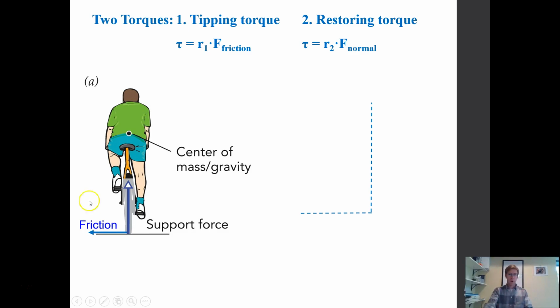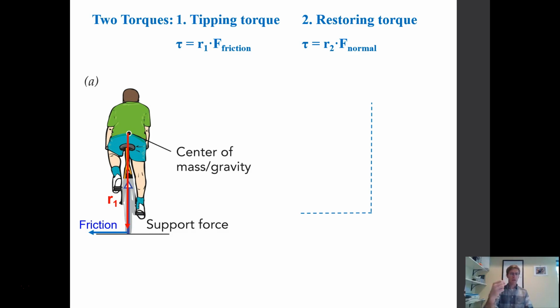So if this is your rider here, and if he tries to make the turn perfectly straight up, this friction force is at a lever arm distance here away from his center of mass, which would be a point around which he might rotate. And so there's a torque that's going to make him want to tip over generated by that friction force. So that friction force pointing inward at a distance r1 away is going to cause him to experience an angular acceleration in the clockwise direction to tip over.